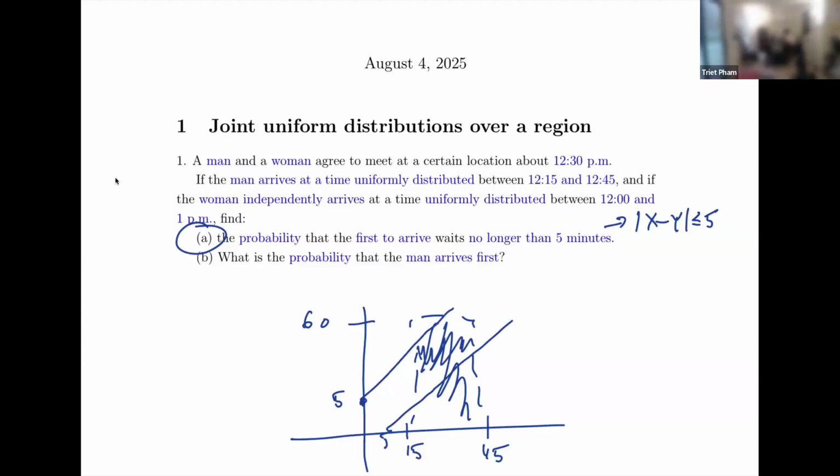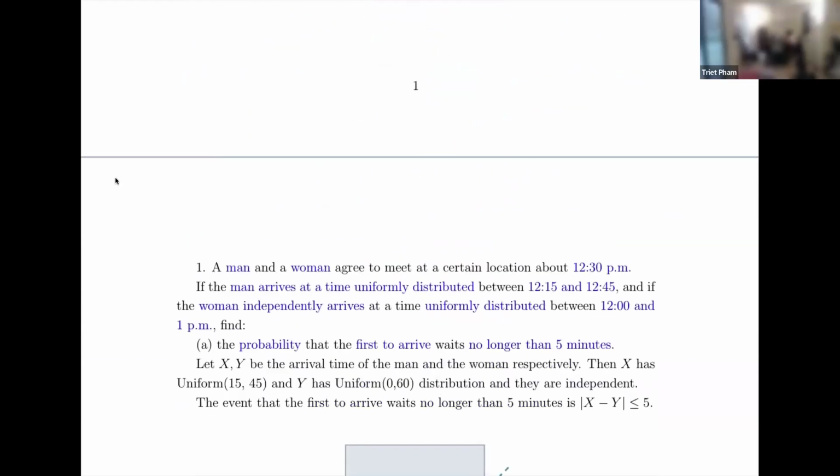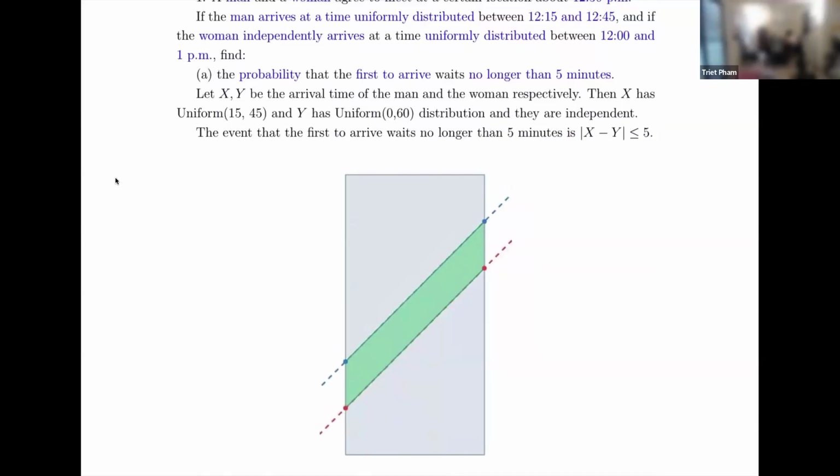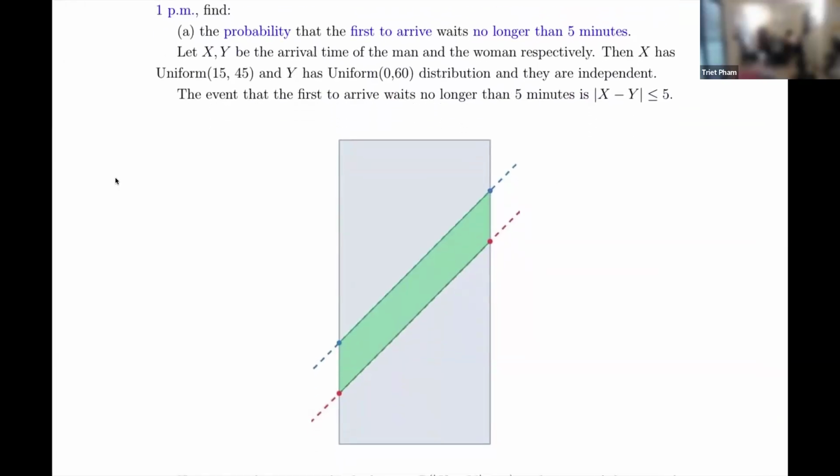So here, the name of the game is really just to get this picture precisely. Notice in my picture, I got 15 to 45 right here, and this is 0 to 60. So the 5 and minus 5, you have to get it down. Actually, this is the picture.